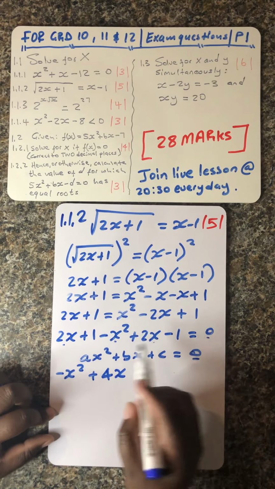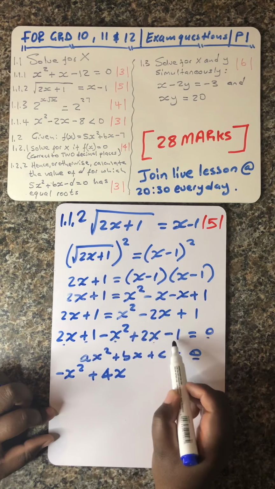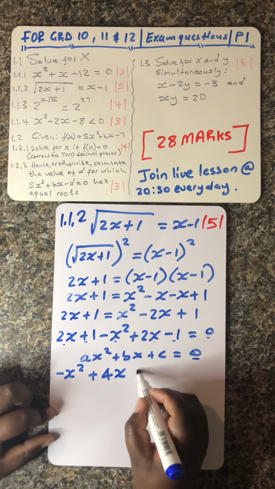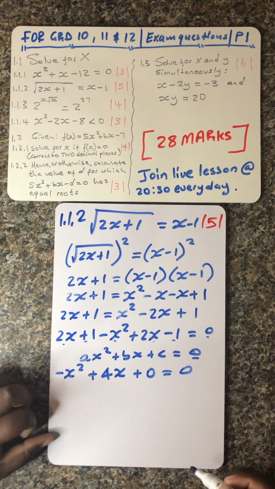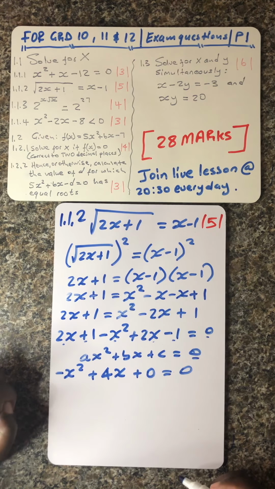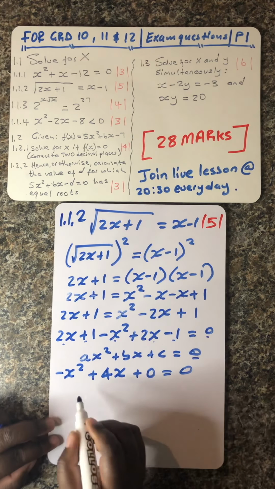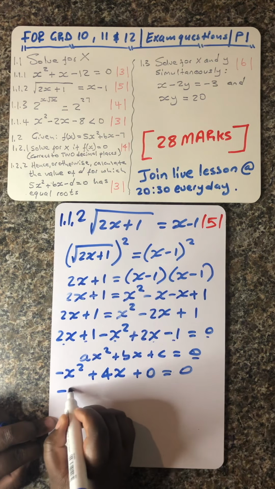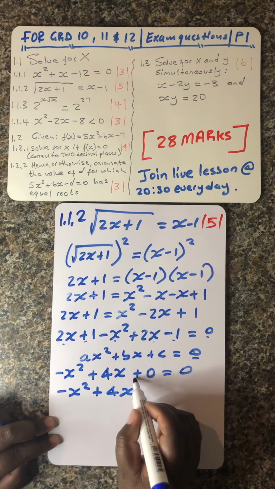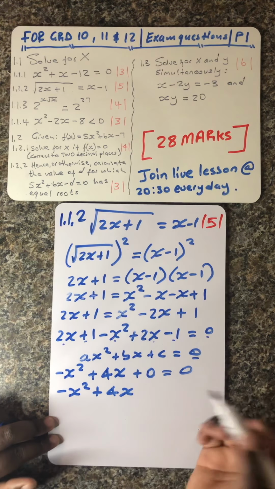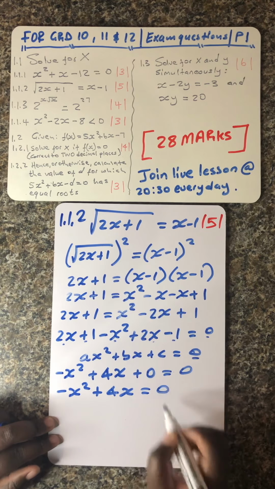Then you've got 1 minus 1, which equals 0. So this is the same as negative x squared plus 4x. I'm just ignoring that 0 because it's just 0, so this equals 0.